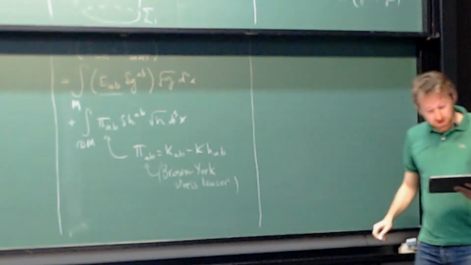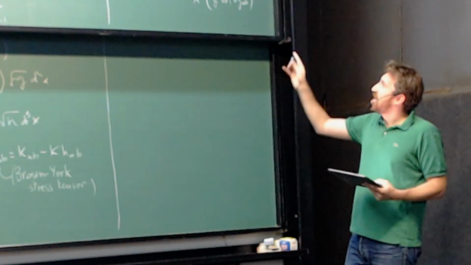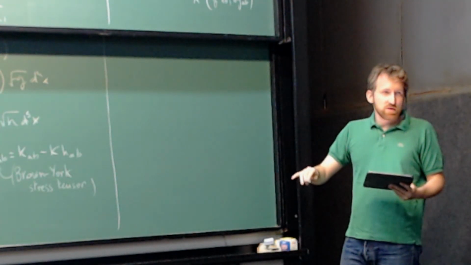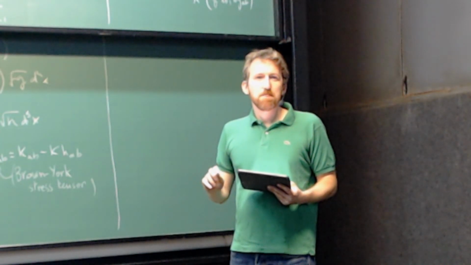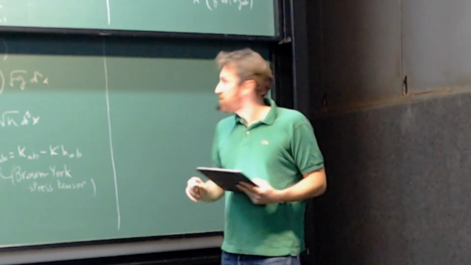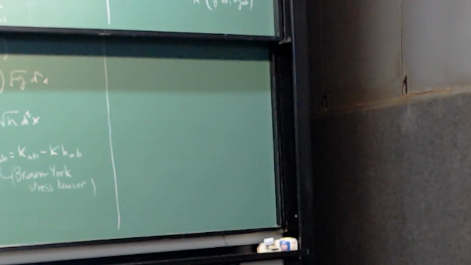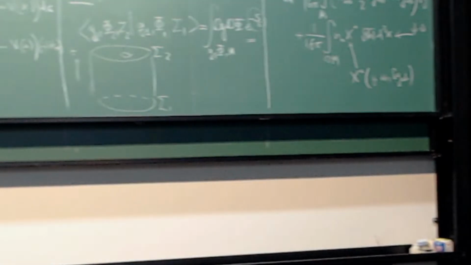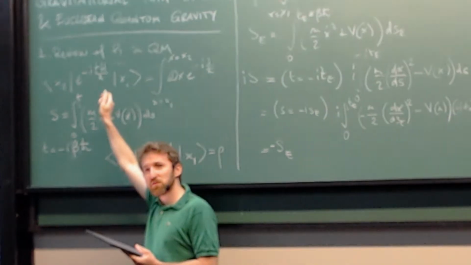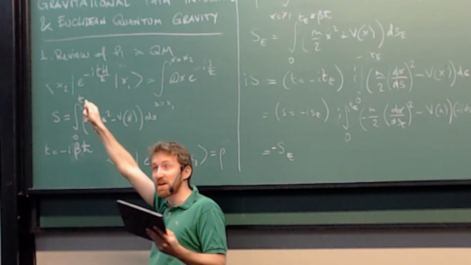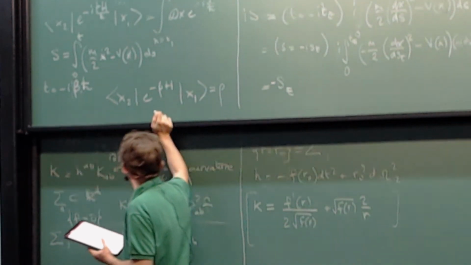Therefore, when I do the next thing that I'm going to do, everything will be consistent. Other questions? Suppose, concretely, you vary this, right? You will find some x dot, but you will also find an x prime at the two sides. This is the Dirichlet problem.